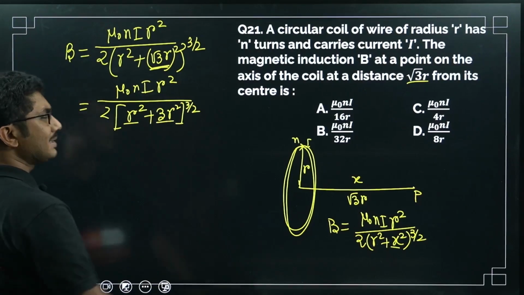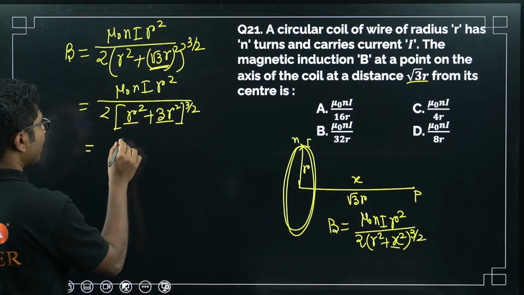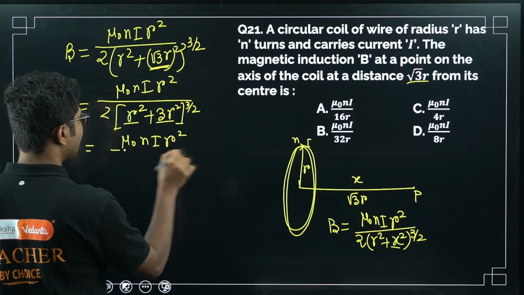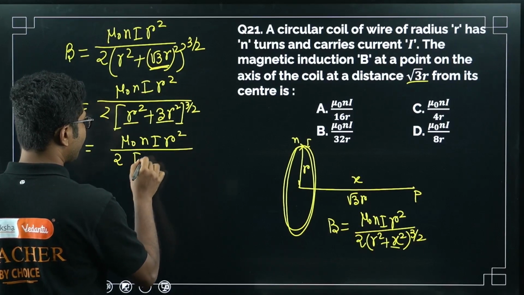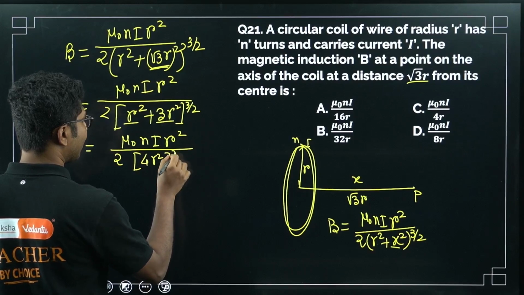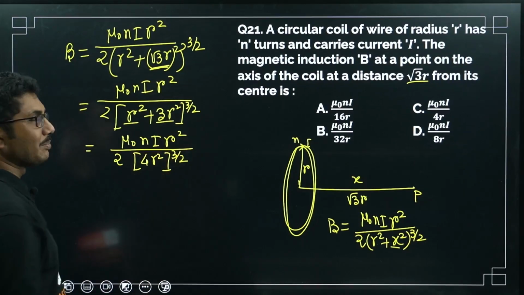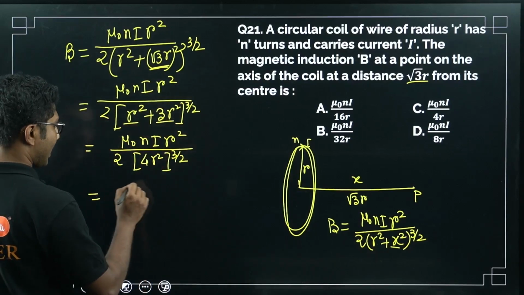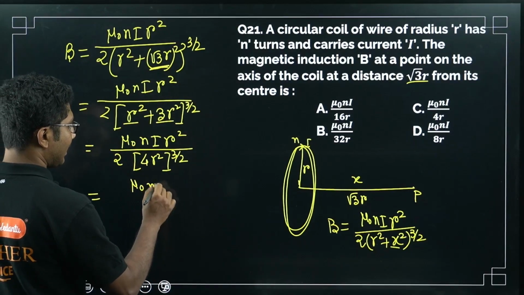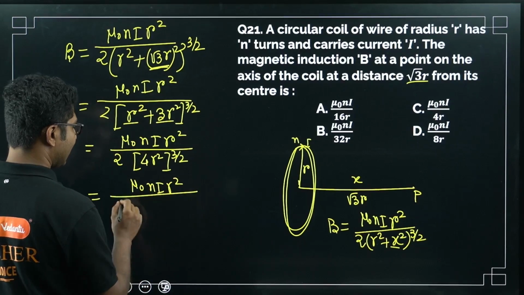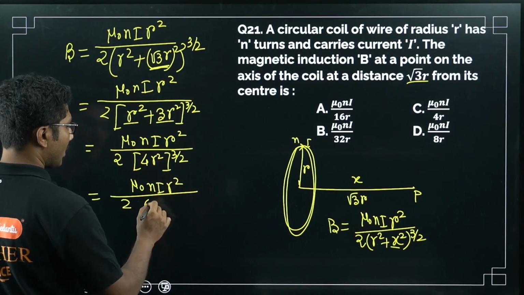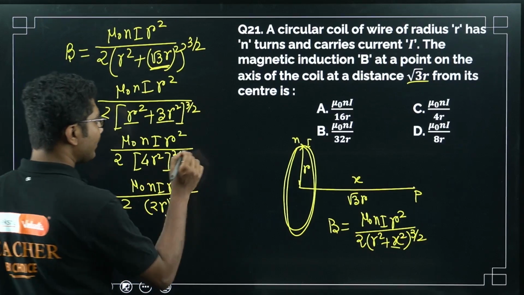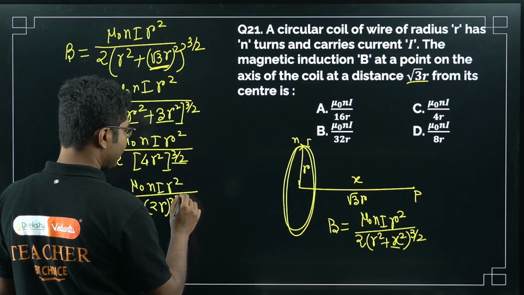So r square plus 3r square is 4r square. I am doing it step by step so that you don't miss out on anything. Divided by 2, so it will be (4r square) to the power 3 by 2. Now this thing we have to simplify. 4r square is 2r whole square, and then we have the power 3 by 2.